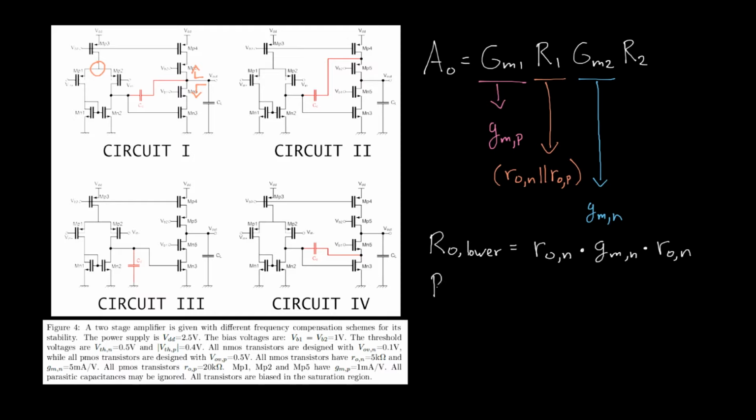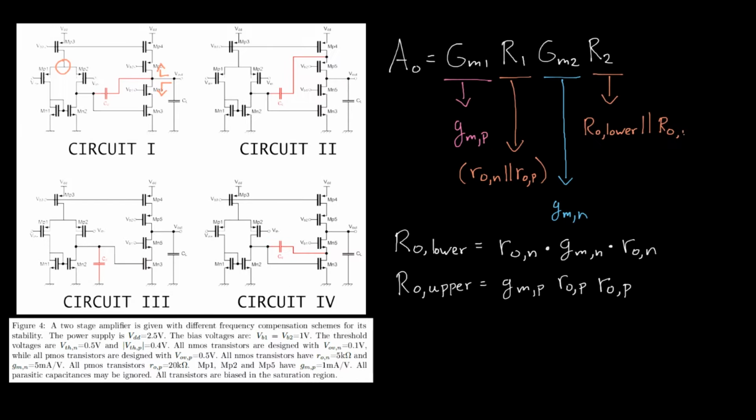And the output resistance of the upper branch will be very similar, like GmP RoP as a factor of this cascode transistor multiplied by the intrinsic resistance of our MP4. And then R2 is those 2 resistances in parallel with each other. So that is Ro lower in parallel with Ro upper.